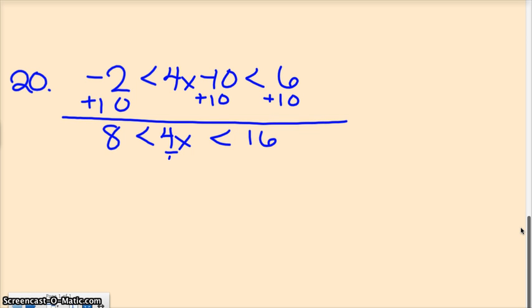And now I divide everything by 4. 2 is less than x, which is less than 4. If you were to graph it, it'd be an open circle at 2 and 4, x smushed between, and its match is D.